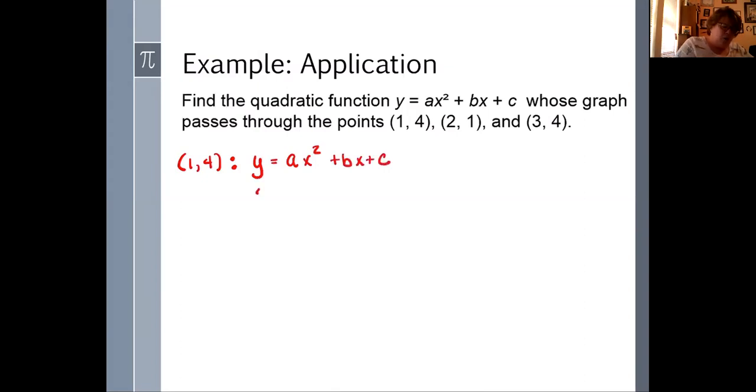So y is 4 and x is 1. So my first equation: 1 squared is 1, 1 times A is A, B times 1 is B. So my first equation is A plus B plus C equals 4.